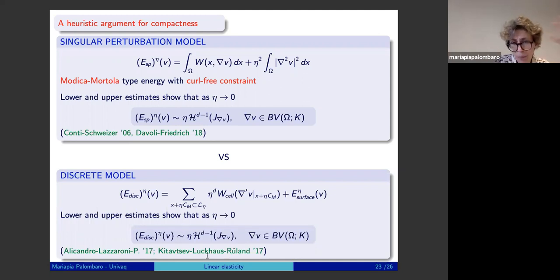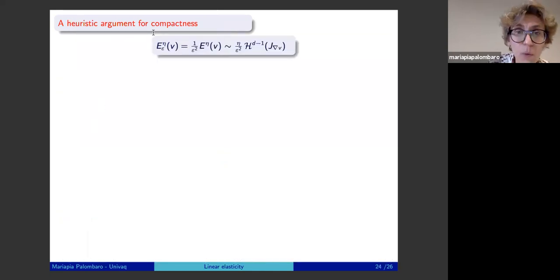So it is approximately given, along sequences with equibounded energy, by eta times the measure of the jump set of the deformation gradient. Now, in the linearization regime, we rescale the energy by epsilon squared. You remember the sequence that we studied was 1 over epsilon squared times these energies. So if we rescale, we see that the rescaled energy goes like this.